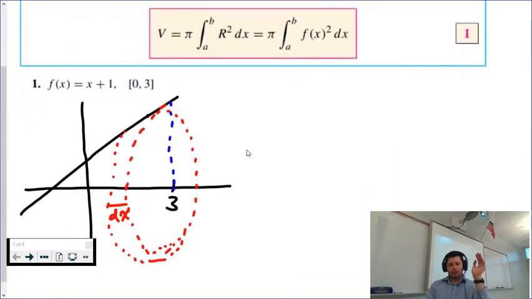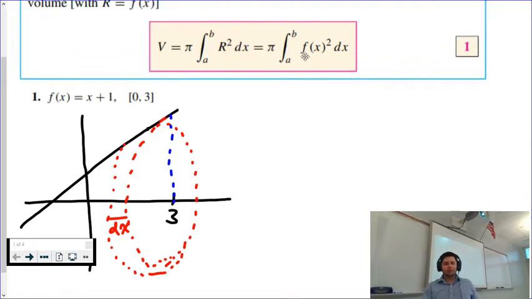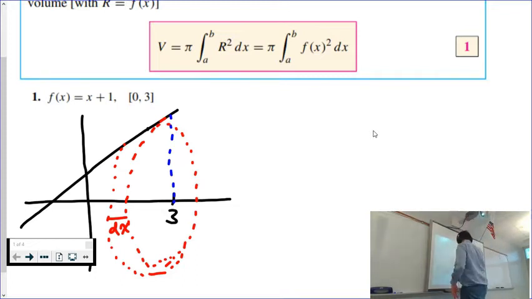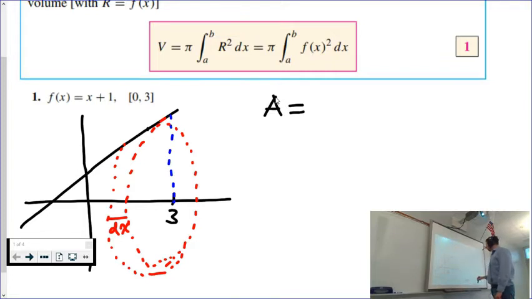So if you just consider one of these infinitely small disks, which have a width of dx, the volume, sorry, no, let's think about it in terms of the circle. We know the area of a circle is pi r squared.